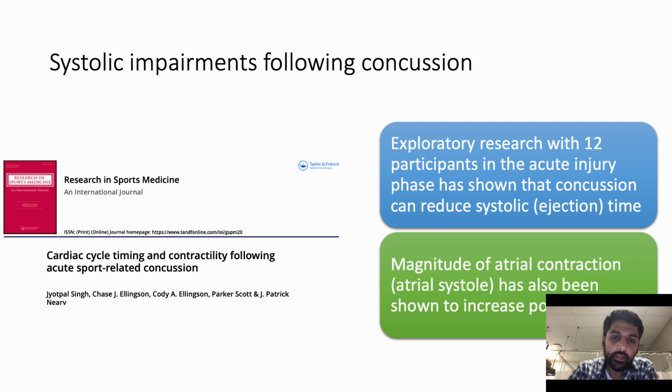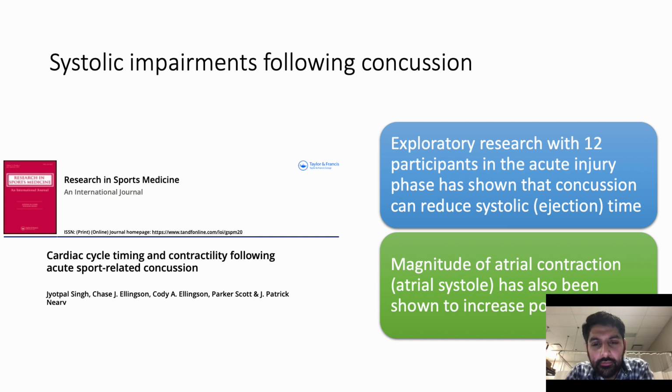Okay, so now if we go back to concussion, there's a study that we did a couple years ago when I was, again, still in graduate school, and we took that device we were just talking about and placed it on individuals after they got a concussion.